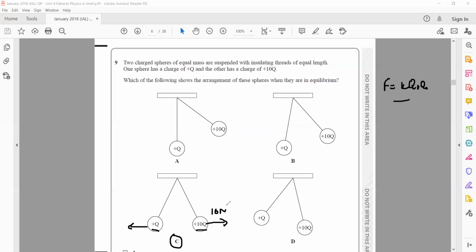If this experiences 10 Newton, this also experiences 10 Newton. And in the question they specify both have the same mass, so they will have the same displacement from the equilibrium position. That's why C is the right answer. Is it clear? You should focus on this phrase, equal masses.